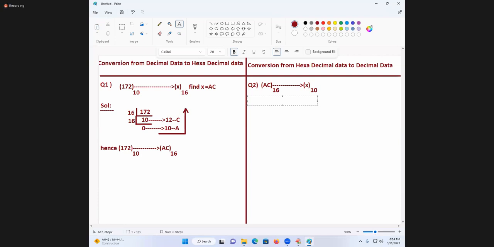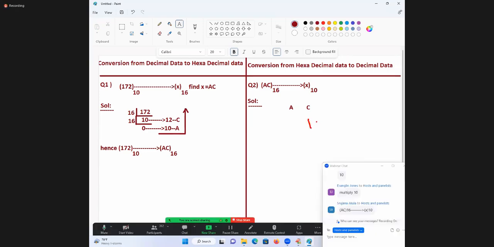Now I'm going to start with the solution. Carefully understand. Multiplication will be done. Take A and then C, students. As you know already, 16 to the power of 0, 16 to the power of 1. Earlier we have seen 8 to the power of 0, 8 to the power of 1, and 2 to the power of 0, 2 to the power of 1, and many more.